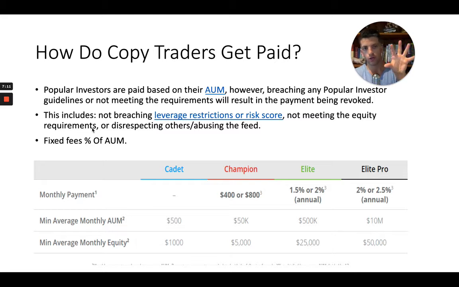Okay, so we've got Crassus over here. I have my account. I have to put in a minimum amount of my own money, and I have to maintain that over time or increase it if I want to get to the successive tiers. That does not count when eToro scores my assets under management for the purposes of grading me as a popular investor. So that's that. Or disrespecting others or abusing on the feed.